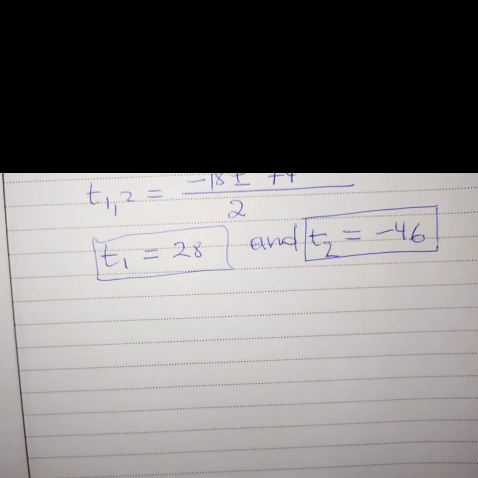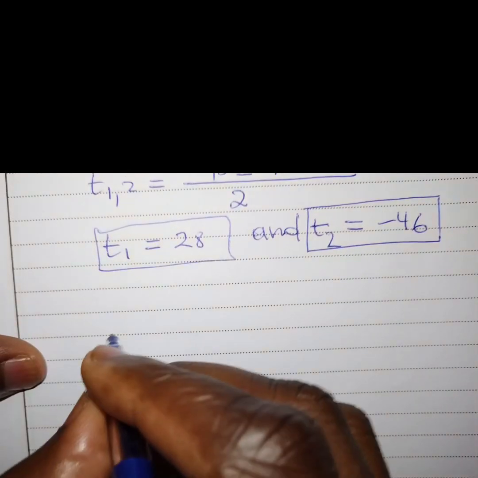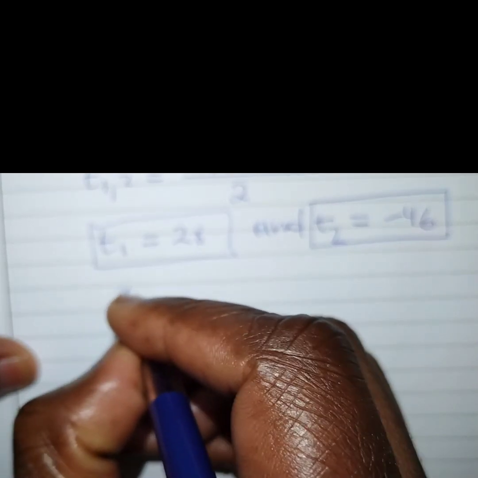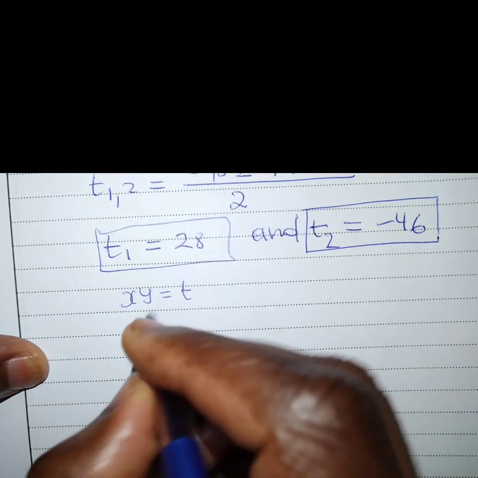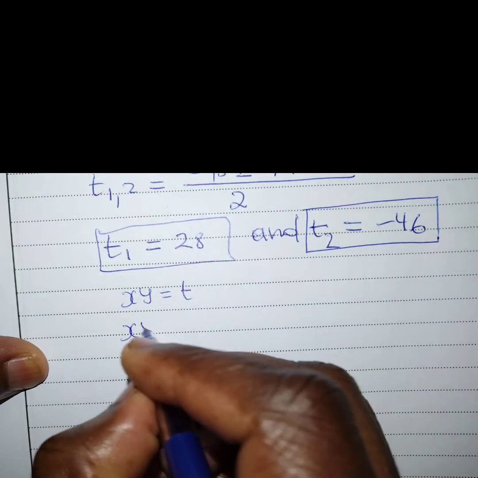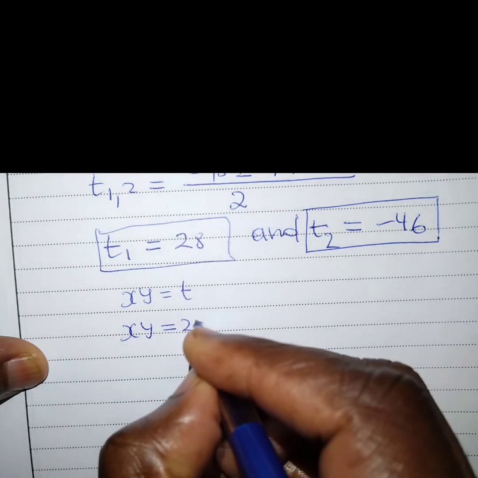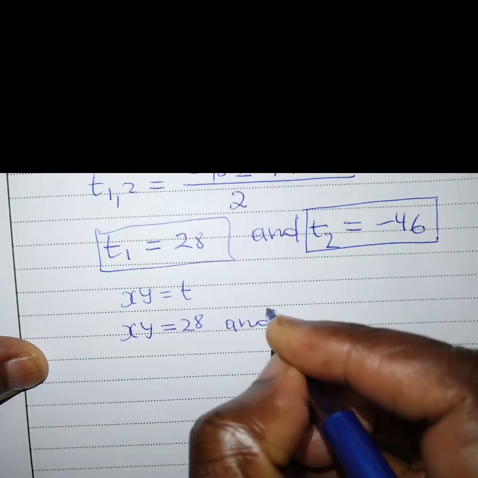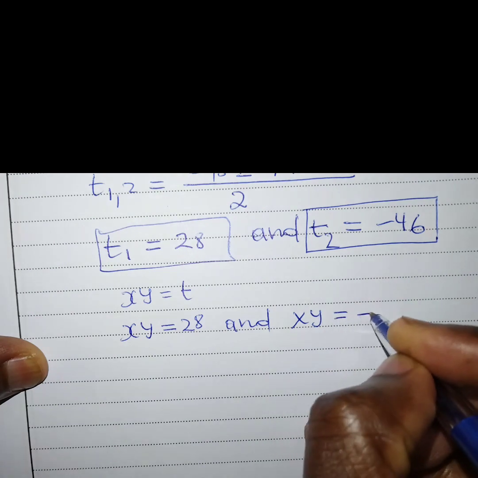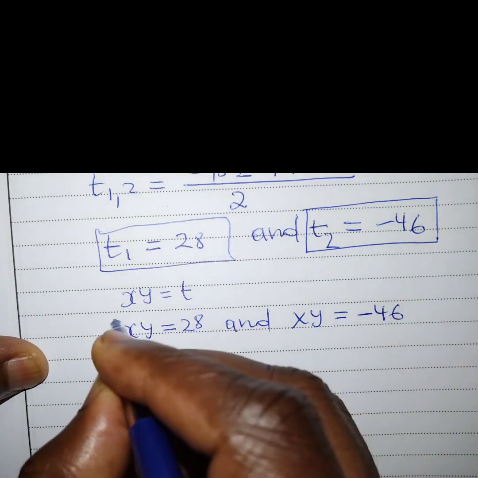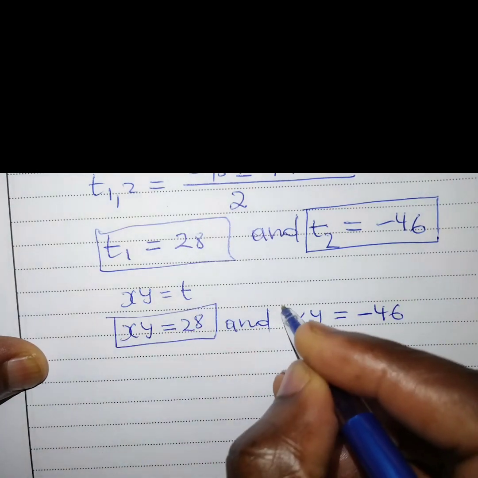So we are going to continue. We let xy be equal to t. So xy will be equal to 28 and xy will be equal to minus 46. So I have here two equations.